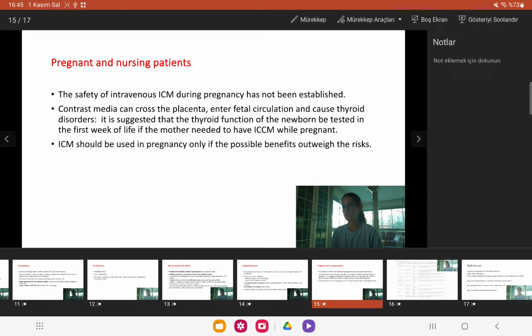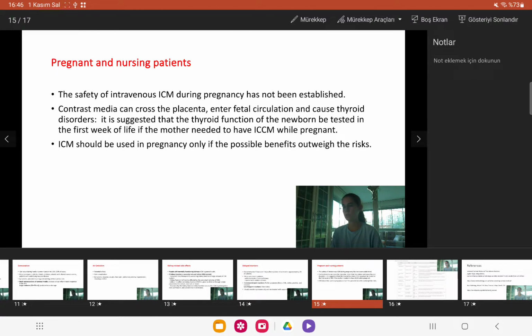This is because there is a risk of the contrast media to cross the placenta, enter fetal circulation, and cause thyroid disorders. Therefore, it is suggested that the thyroid function of the newborn be tested in the first week of life if the mother had to have ICM while pregnant.